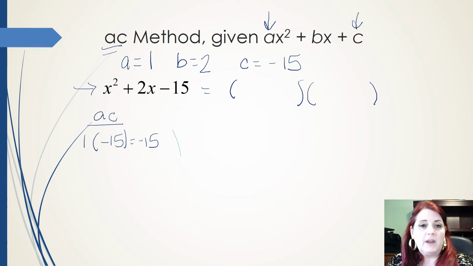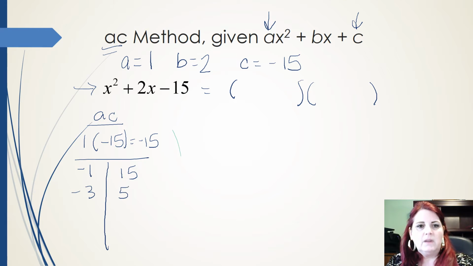And what are the factors of negative 15? So I have negative 1 and 15, negative 3 and 5, negative 5 and 3, and negative 15 and 1. And I want to see which one of these pairs of factors equals the 2 when added together.